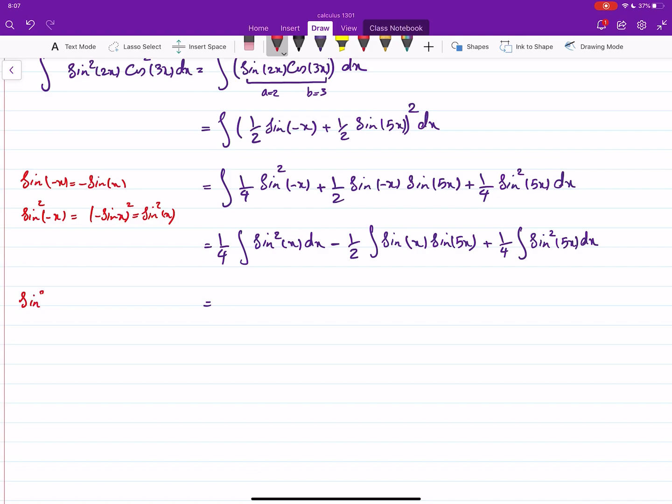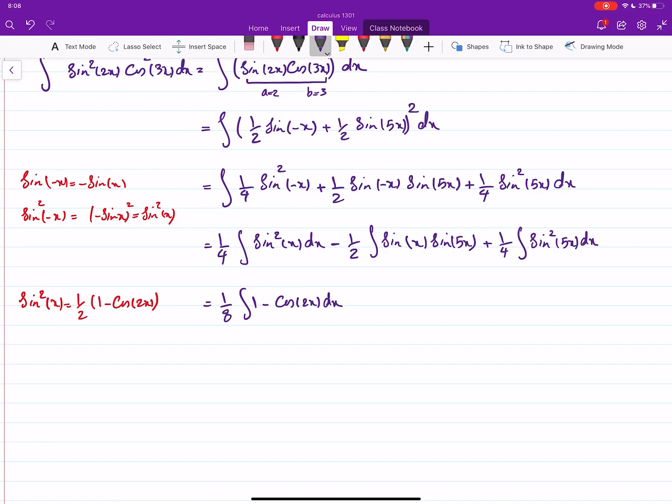Sine squared of x is half of 1 minus cosine 2x. Using that, I will get 1/8 integral of 1 minus cosine of 2x dx.